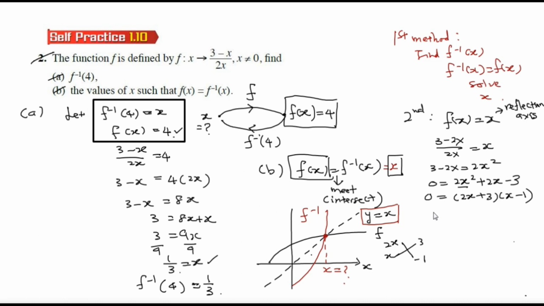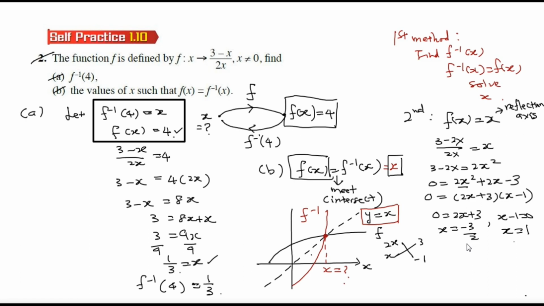So we have 0 equals 2x plus 3, that means x equals negative 3 over 2. And x minus 1 equals 0, so we have x equals 1. So we have 2 answers for part B. If you still have any problems, you can text me and I can explain further to you.